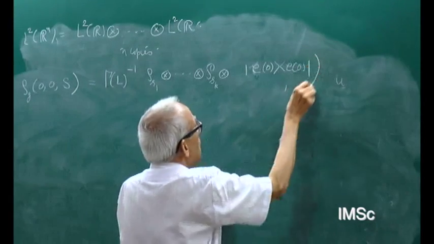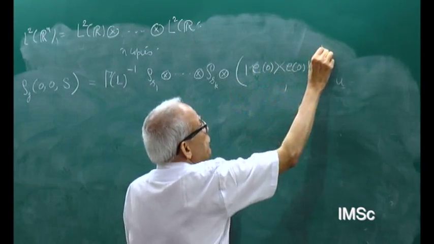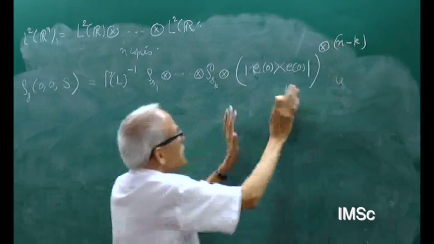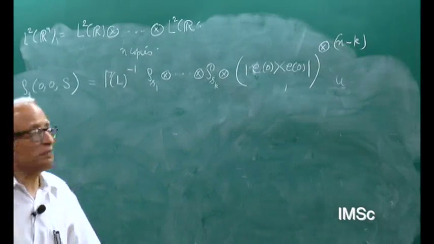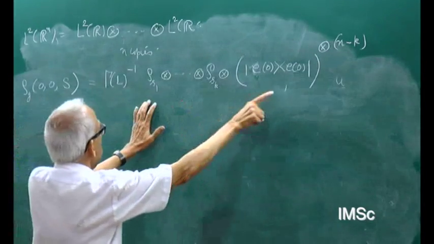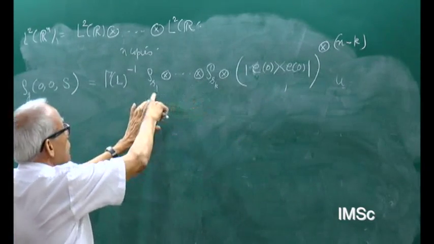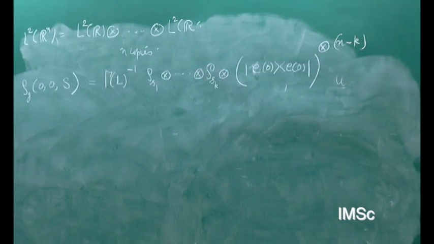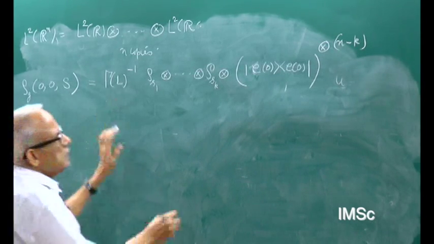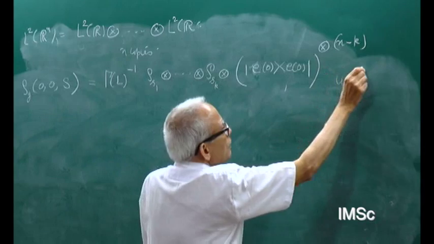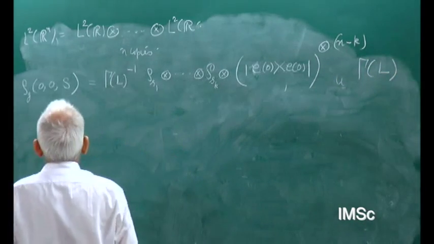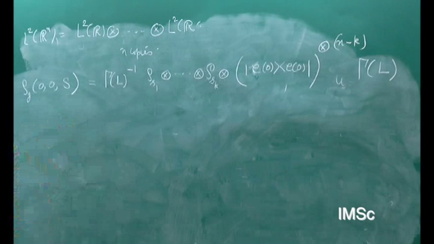And this will come n minus k fold. That means this is a completely pure state. And what is the covariance matrix of this? That is precisely [D 0; 0 D], written in proper order. So this is gamma L inverse gamma L. That is precisely rho with covariance [G 0; 0 S].